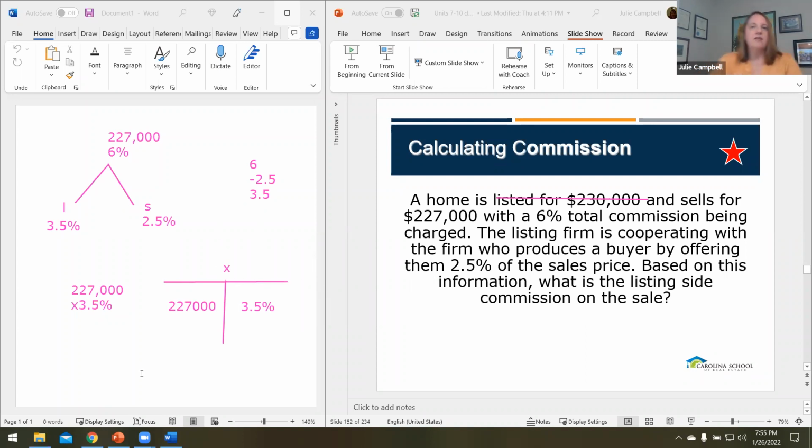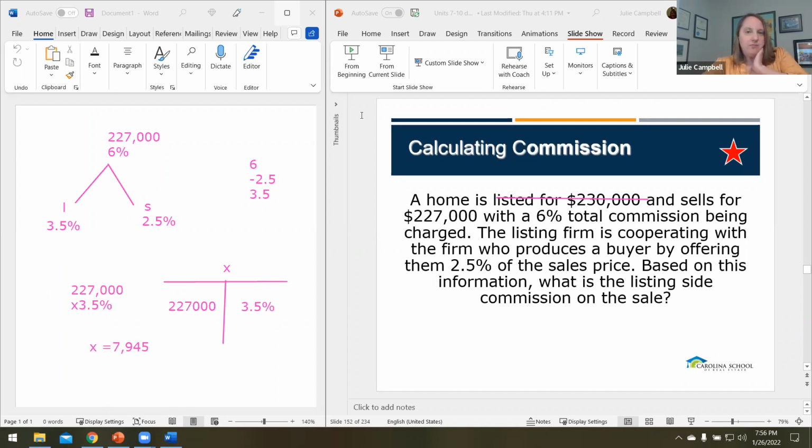So using the T-bar, that's how that would look. So based on this information, what is the listing side commission on the sale? $7,945. Yep. So we take our 227 times 3.5%, and we get a listing side commission of 7,945.